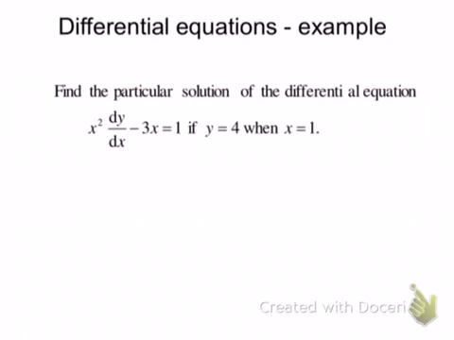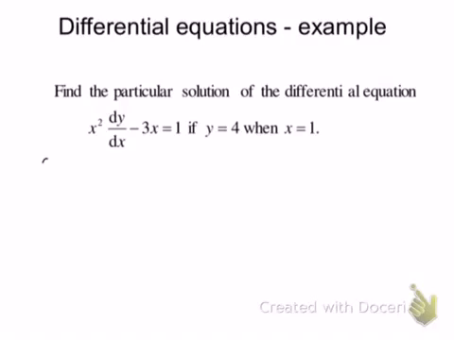We've been asked to find the particular solution of the differential equation x squared dy by dx minus 3x equals 1 if y equals 4 when x equals 1. Right, so looking at this, we want to rearrange this equation so that we have dy by dx equal to something.